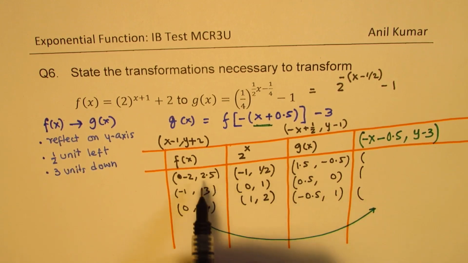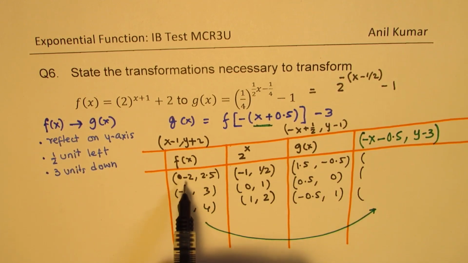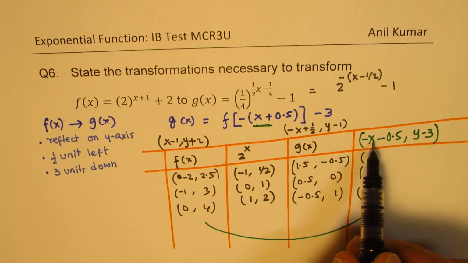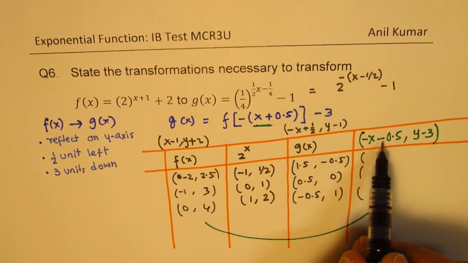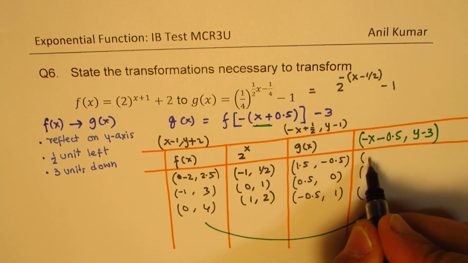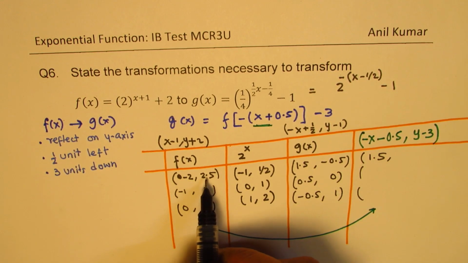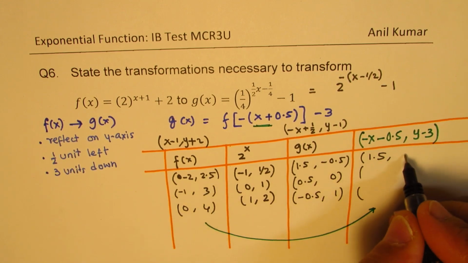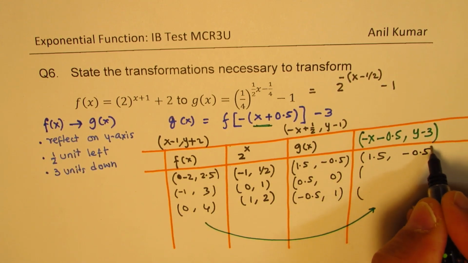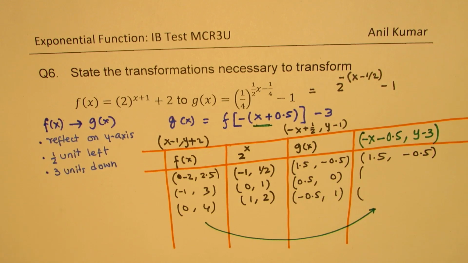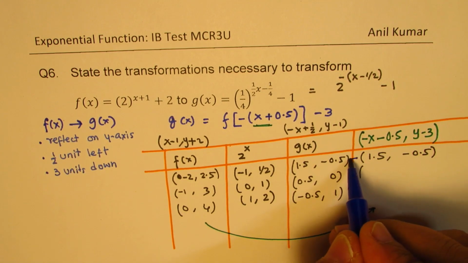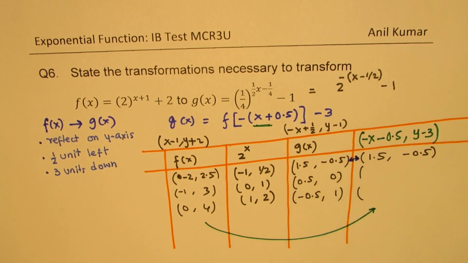So let's check. Minus 2 becomes plus 2, and plus 2 take away 0.5 gives me 1.5. For the y value, if I take away 3 from 2.5, I do get minus 0.5, correct? Which actually matches. Do you see that? So this is the same. The transformation is working out.